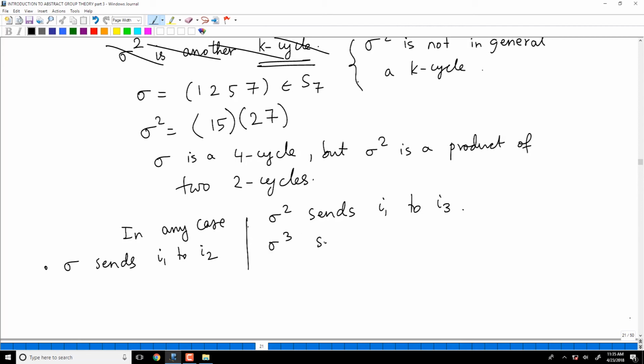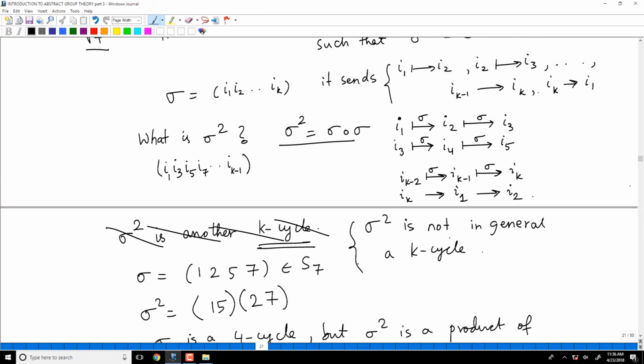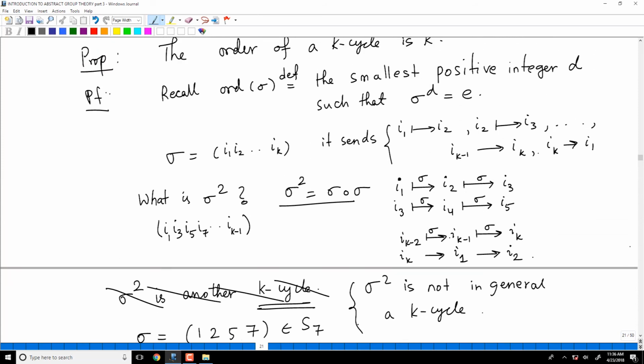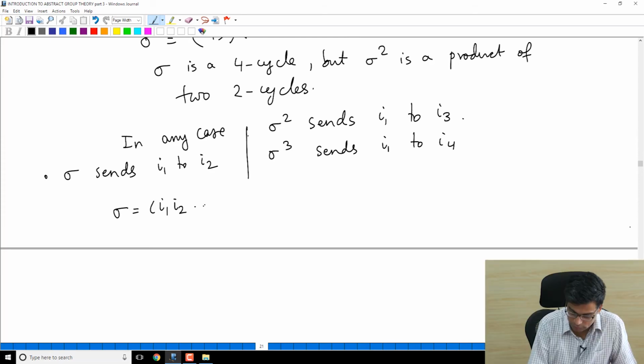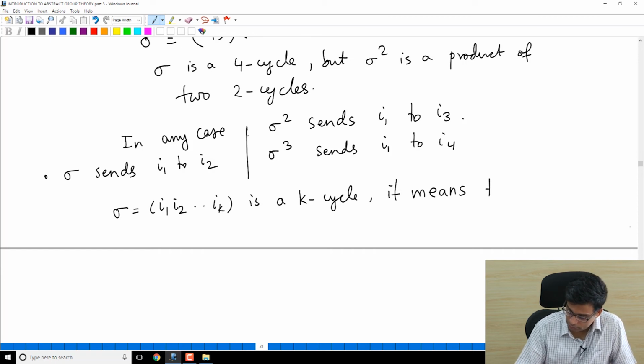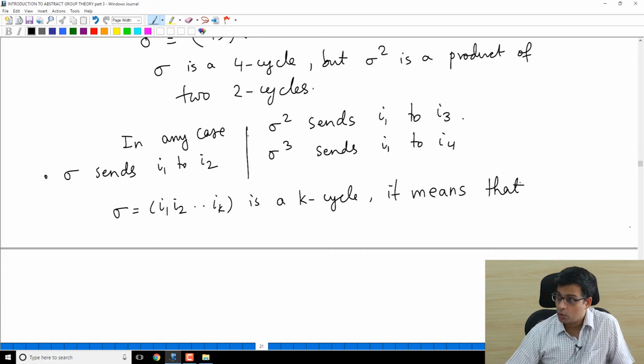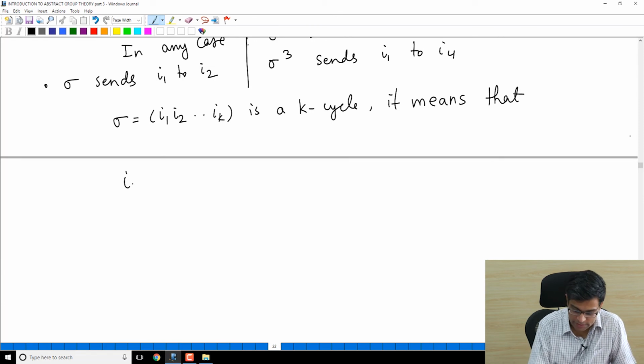Sigma cubed sends i1 to i4. Remember, the fact that we are saying sigma is a k-cycle implicitly means that i1, i2, ..., ik are distinct indices.